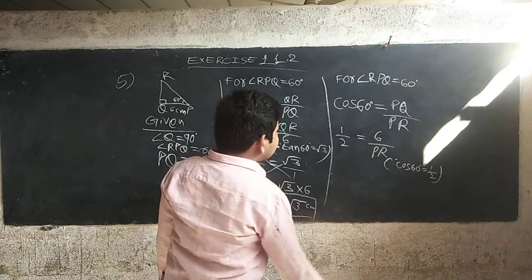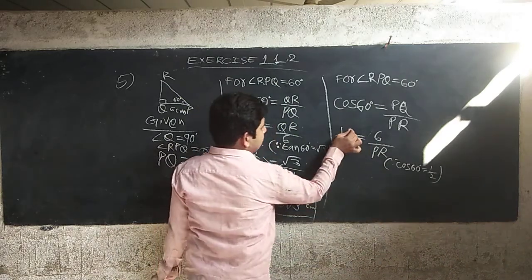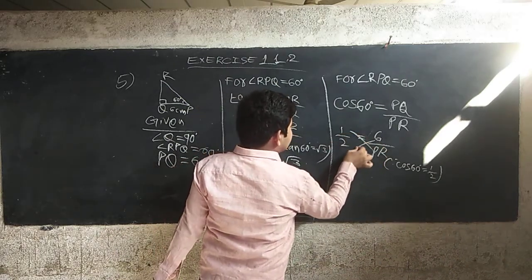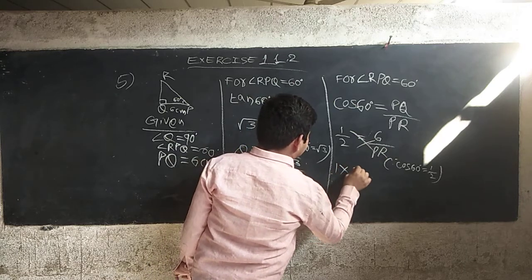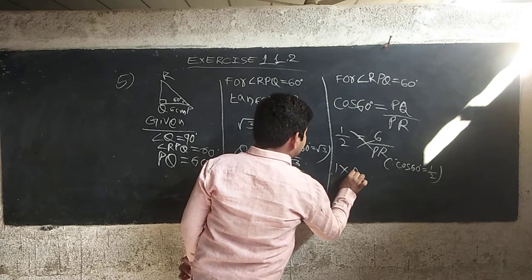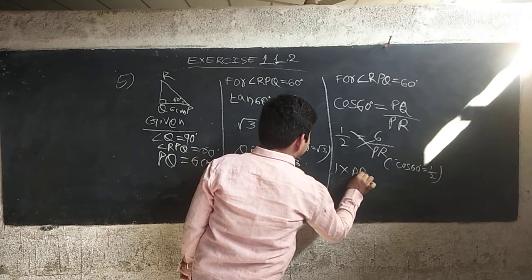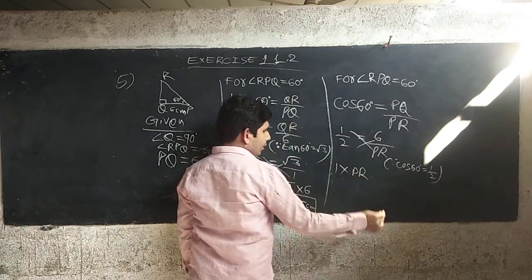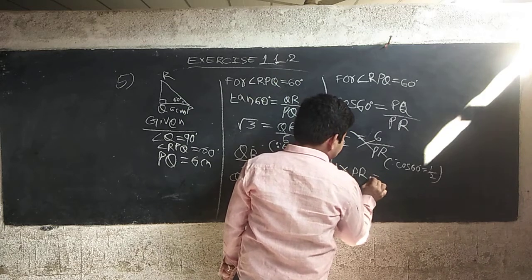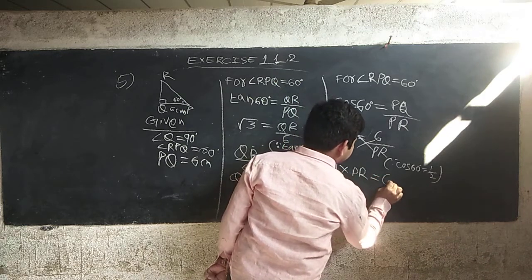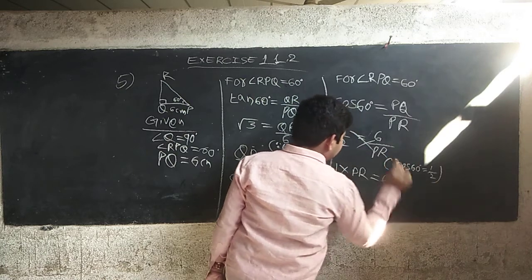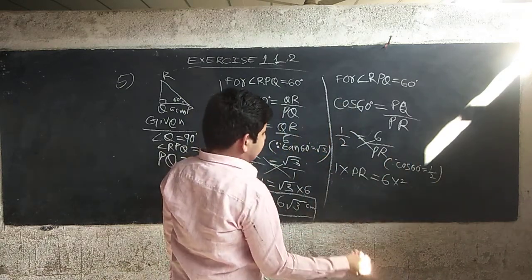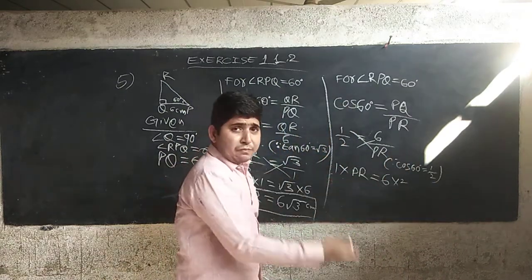Now do cross multiplication. So 1 into PR equal to 6 into 2. 1 into PR equal to PR.